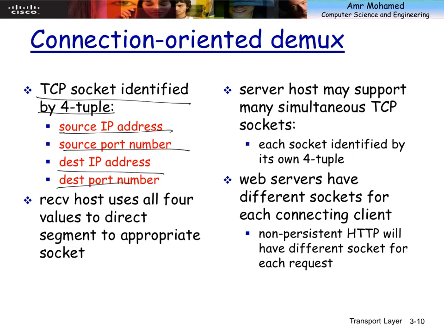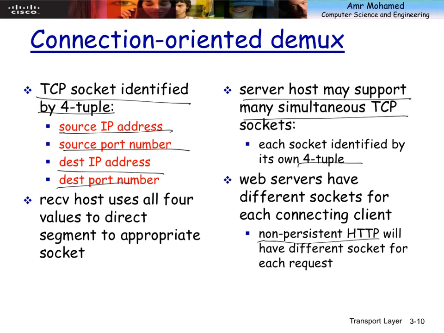I can do whatever, based on each connection. So a server host may support many simultaneous TCP sockets in that case. And if any of these 4 pieces of information change, I have to create and instantiate a different socket. A web server has different sockets for each connecting client, whether it's non-persistent or persistent.